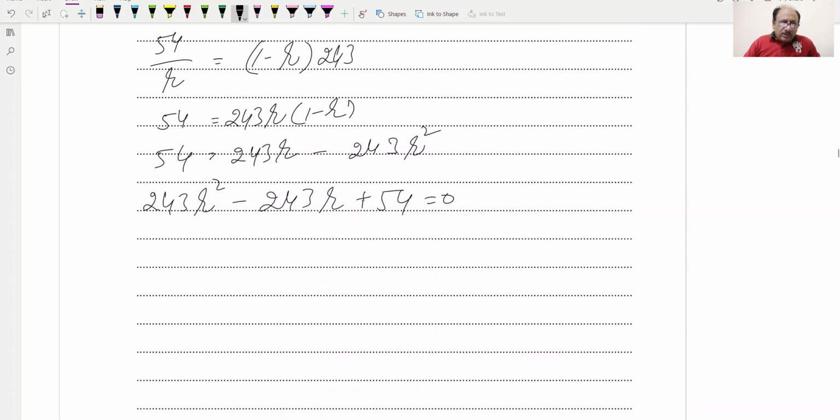Now this is the quadratic equation, and we can divide it by what?